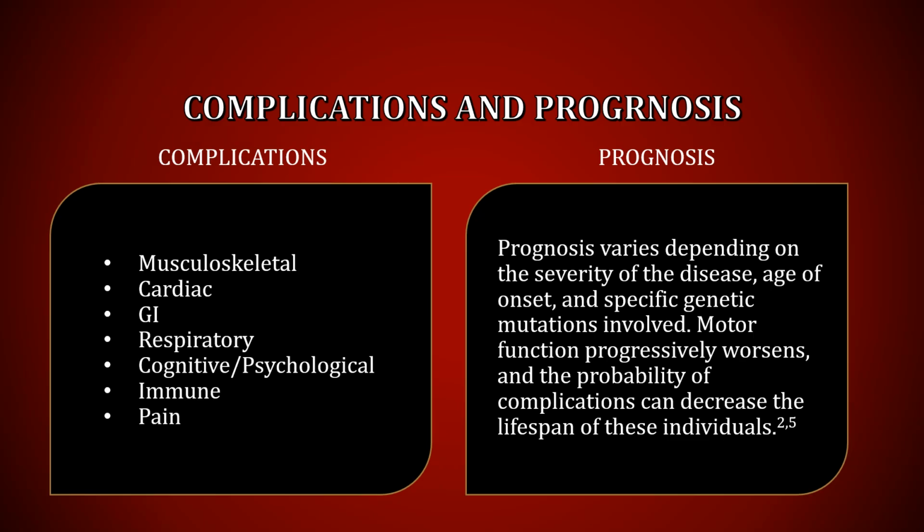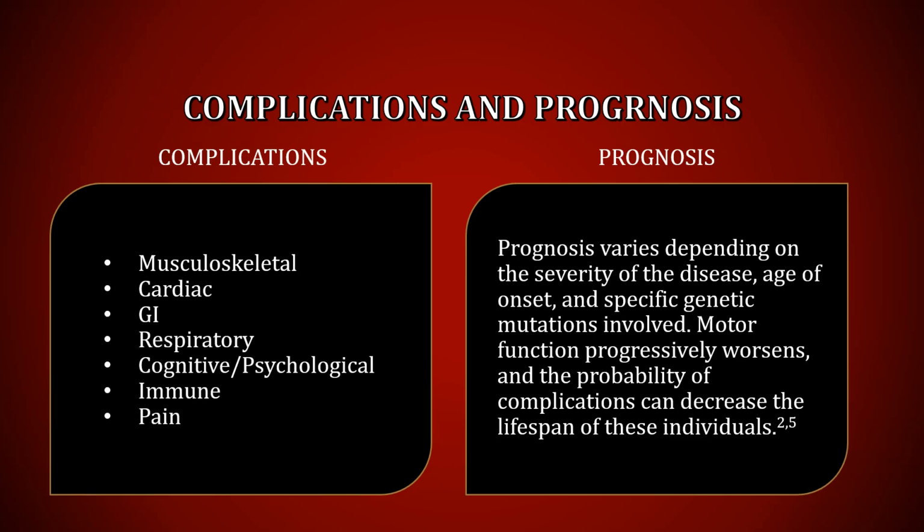Also immune, as immunity is compromised, but also pain, with the inability to move. Then, of course, the fibrosis and the contractures come into play. And again, all of this stems back to the psychological component.